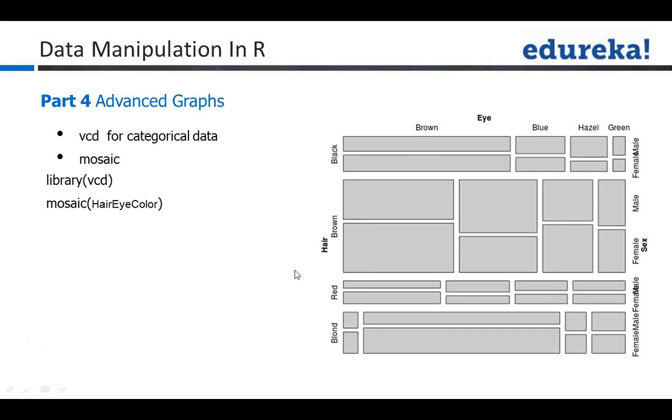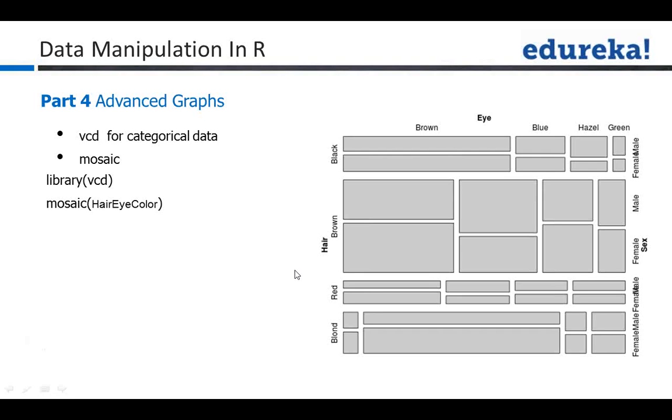So you see these boxes, they are showing how the people are distributed among these different parameters. At one shot you can see where are the major chunks of data, etc.